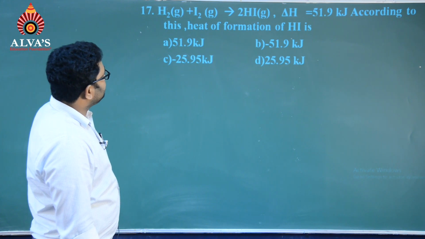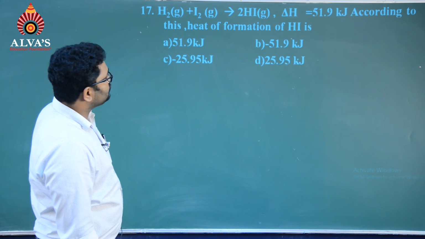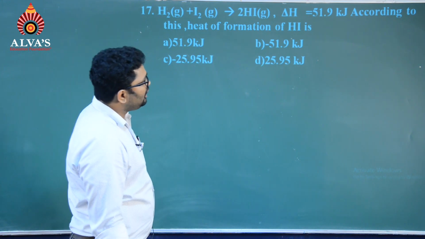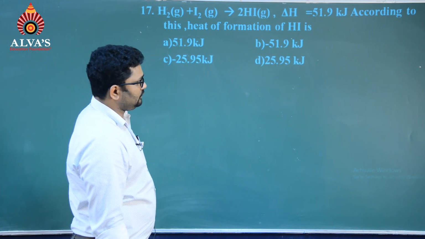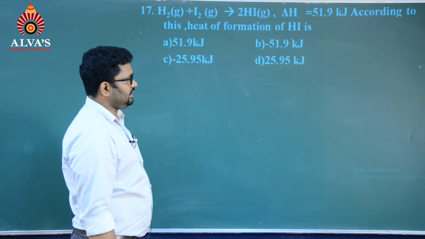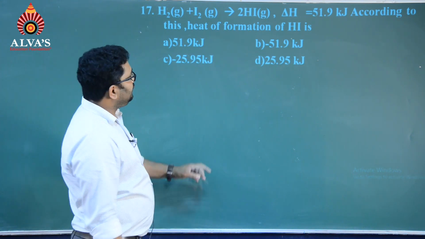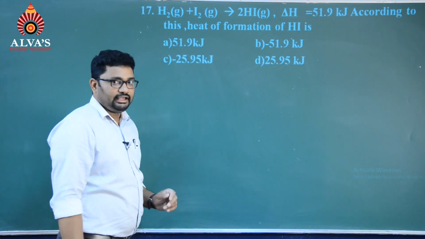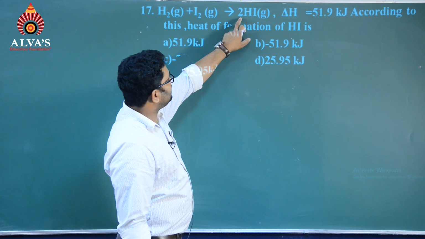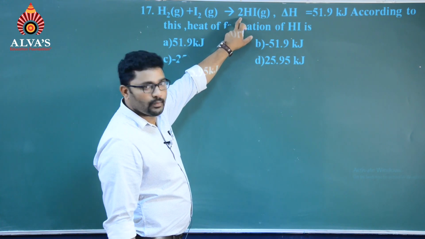Hydrogen gas reacts with iodine, that gives 2 moles of HI, where the enthalpy of the reaction is 51.9 kilojoule. According to this, heat of formation of HI. Students, heat of formation is for 1 mole, but in the question we have one reaction, that is formation of 2 moles.